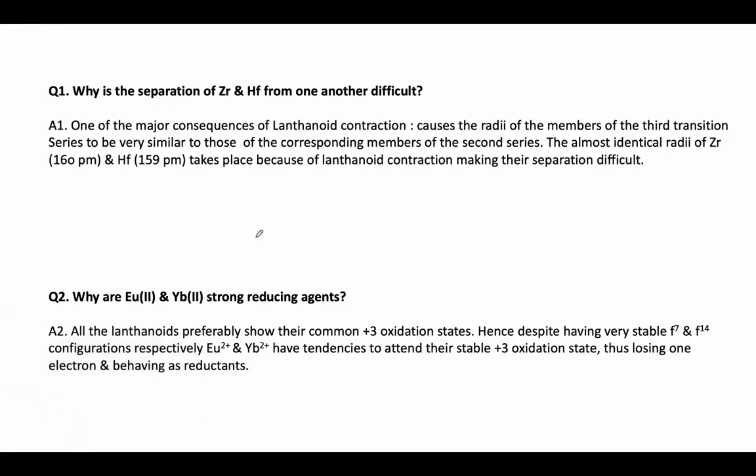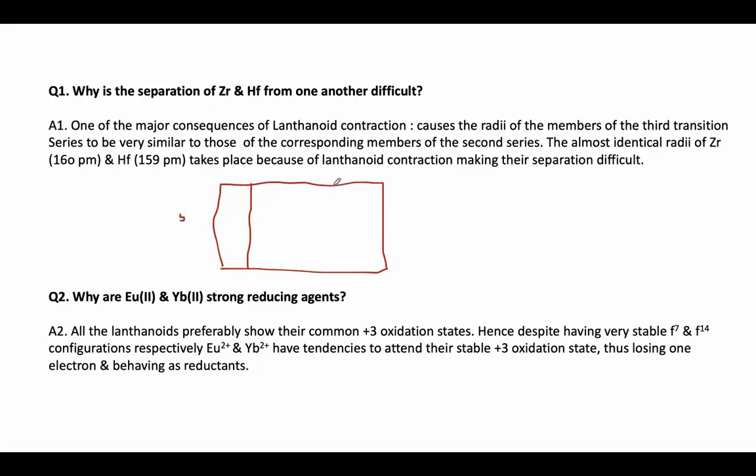So firstly, I would like to give you a brief idea about the position of the inner transition elements or the F block elements. Now, we shall start from the periodic table. So let's say this is the periodic table where the elements are placed. On the left hand side, we have these S block elements.